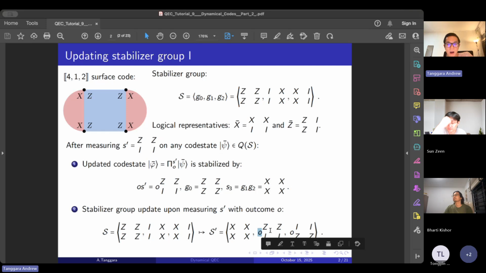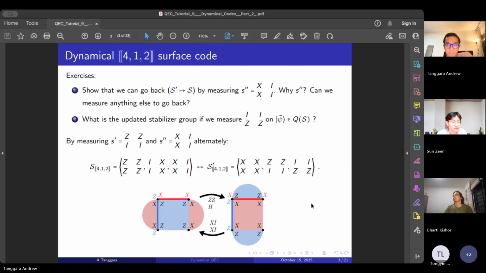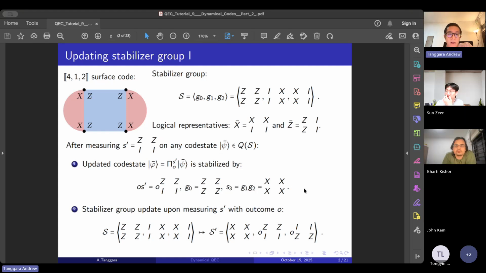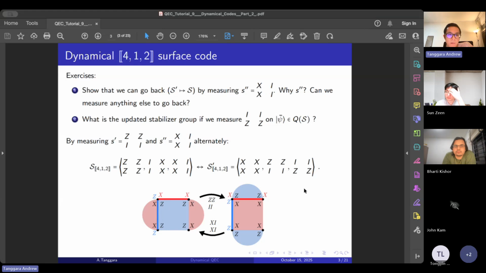So these two operators now have dependencies on this outcome O. Perhaps I should stop a little bit, to see if anybody has any question on this part, probably some carryover from last week. Okay, I'll just keep going.